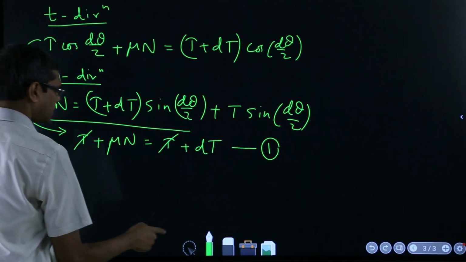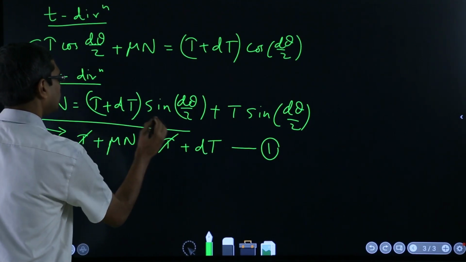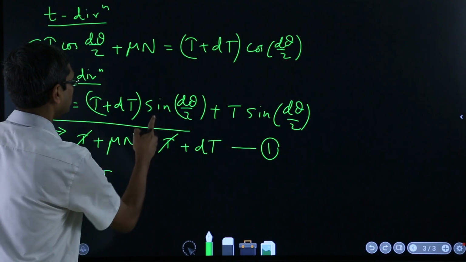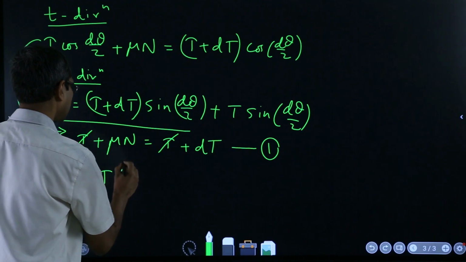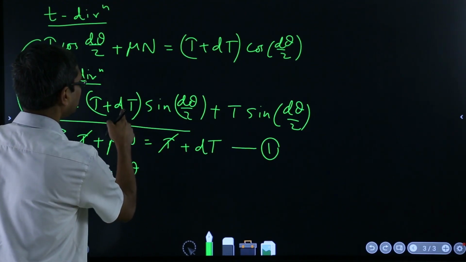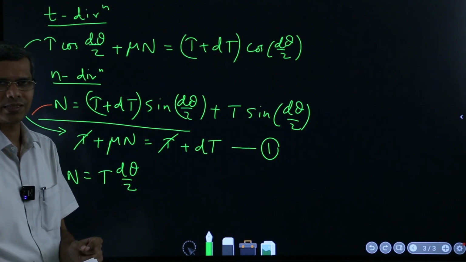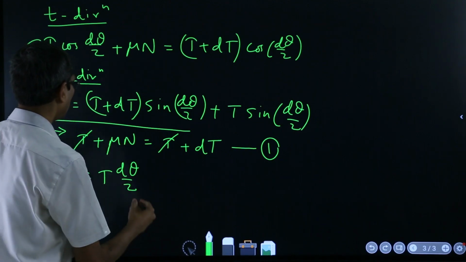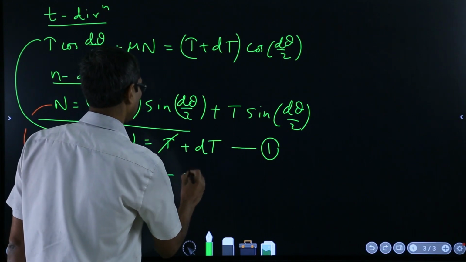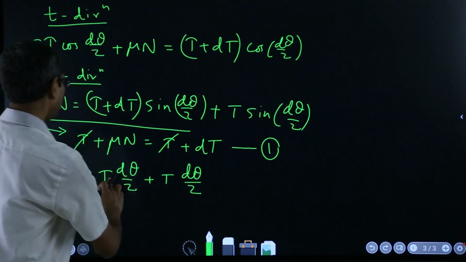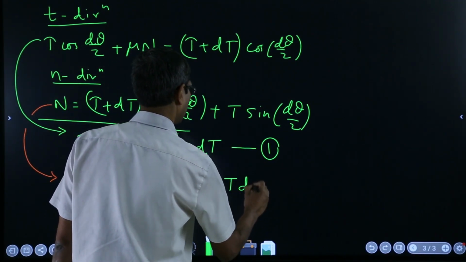Now from this equation we can write that N is equal to T times sine d theta by 2, which in the limit when d theta by 2 tends to 0 is d theta by 2. And then dT times d theta by 2, both are small quantities, so second order terms, so we are neglecting all second order terms, so that is gone. Then from here it becomes T d theta over 2, so that means N is equal to T d theta.